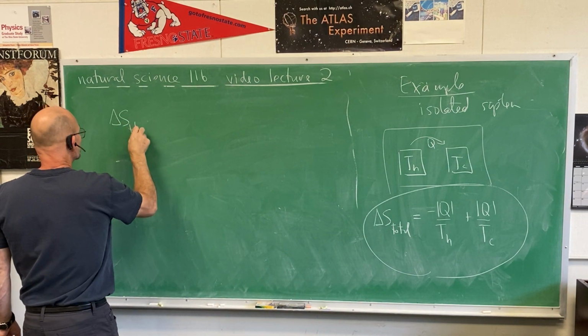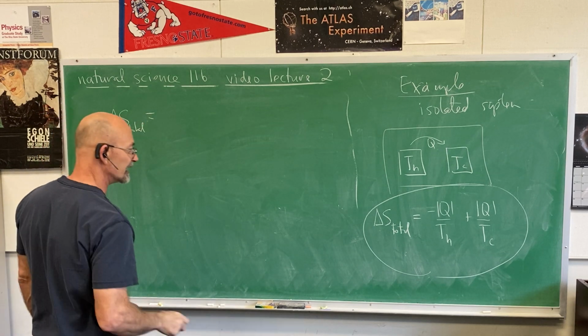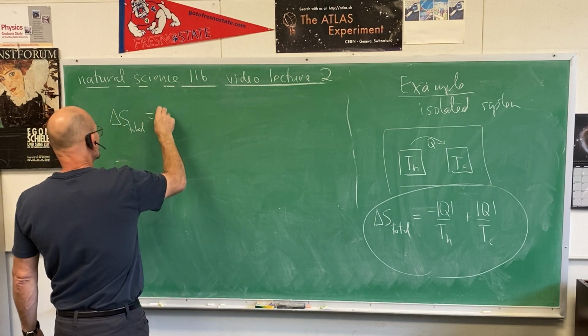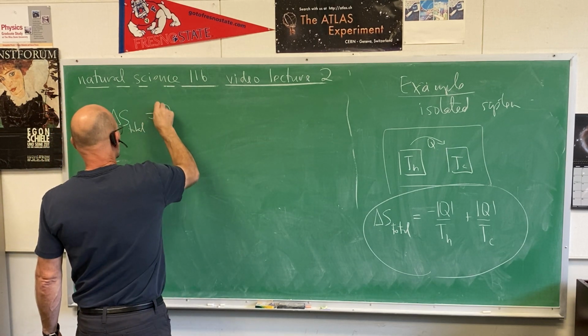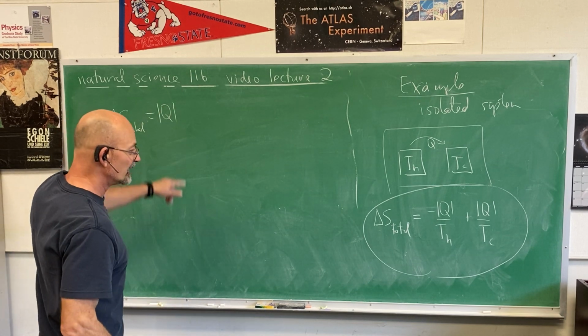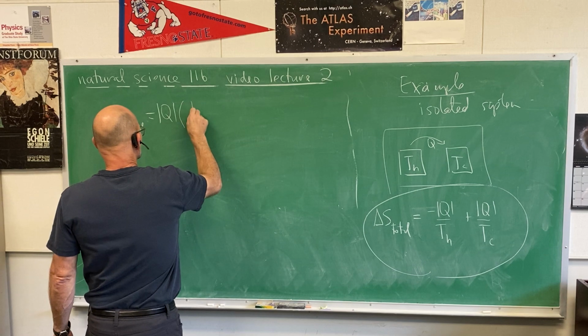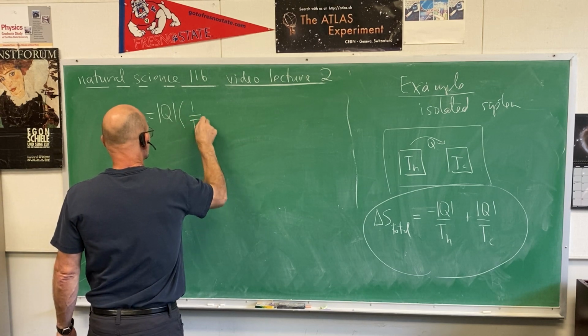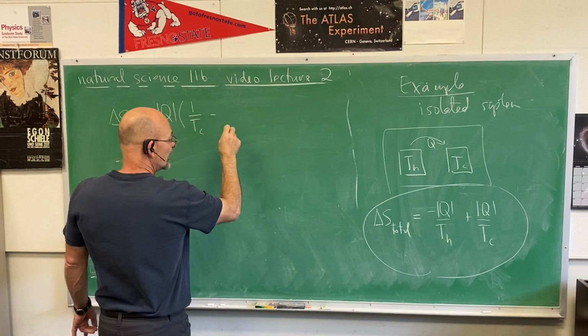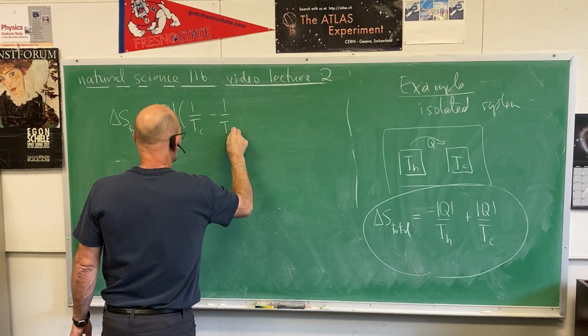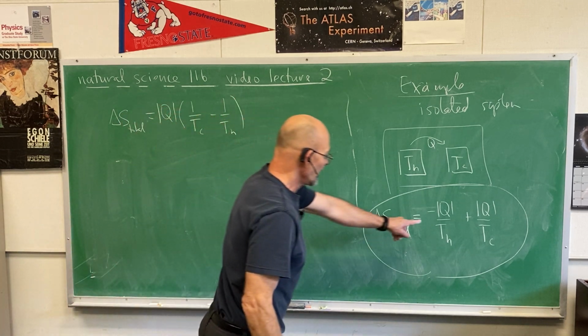Delta S total. Now I'm just going to do some algebra on it. I'm going to pull out the Q, absolute value, that's a positive number. Then I'm going to have 1 over TC minus 1 over TH. Just rearrange these guys.